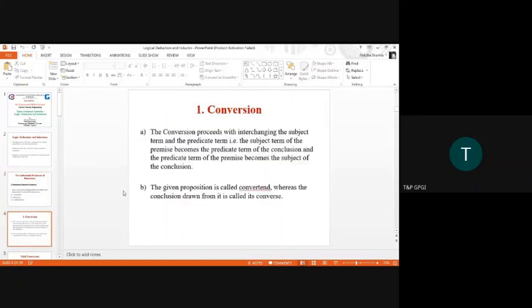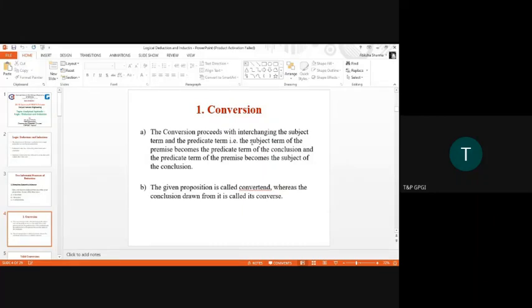Now let's understand them one by one. Conversion. Conversion proceeds with interchanging the subject term and the predicate term. That is, the subject term of the premise becomes the predicate term of the conclusion. Okay, we very well know that for every sentence there is always a subject, and the remaining portion is called the predicate.